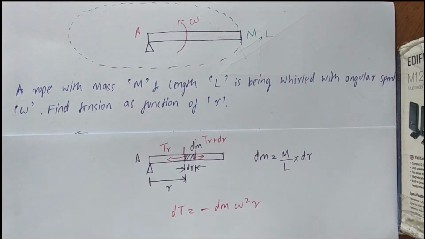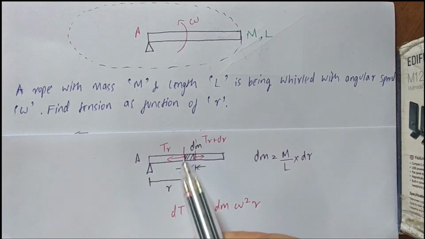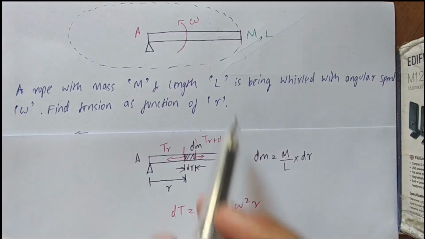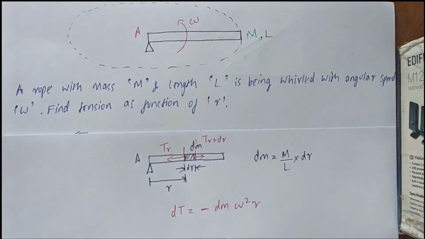We know this formula. M omega square r is the formula for centripetal force, which is equal to this elementary tension experienced by this elementary mass when this rope is getting reeled around this circle.